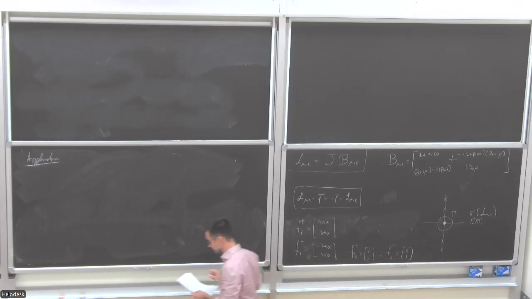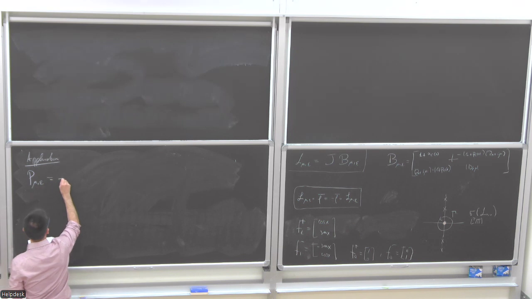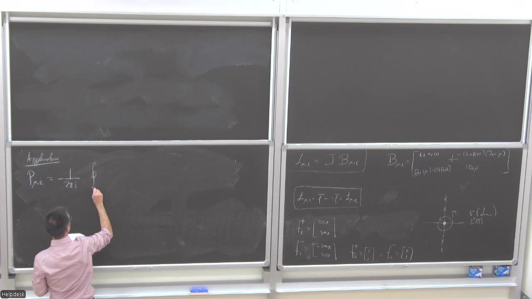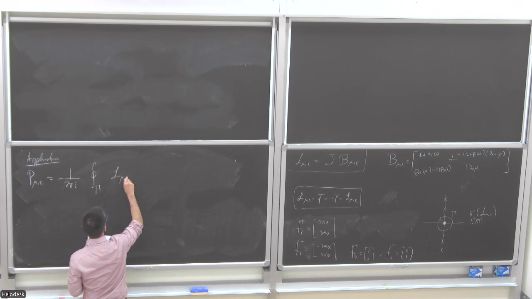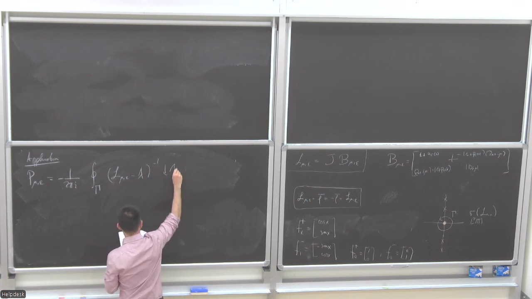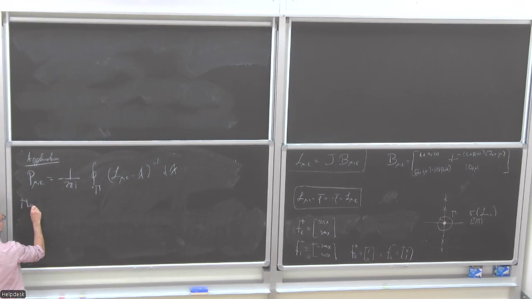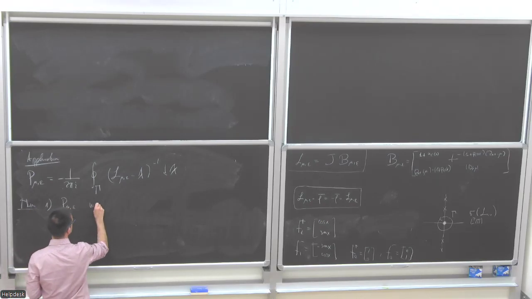I take it counterclockwise oriented. And then I define the spectral projector P mu epsilon, which is minus 1/(2πi) times the integral over the circle gamma of (L mu epsilon minus lambda)^(-1) d lambda. And I claim that, first, P mu epsilon is well defined.